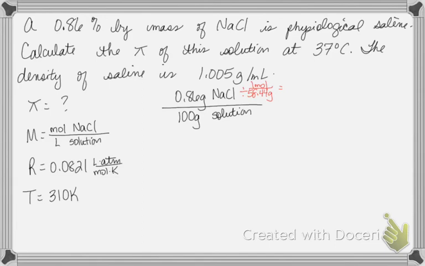And that's going to give me 0.0147 moles of sodium chloride. And then based on my density, okay, if density is mass over volume, then the volume is going to be equal to the mass divided by the density, right? So I'm going to take the 100 grams of the solution divided by the density of the solution.